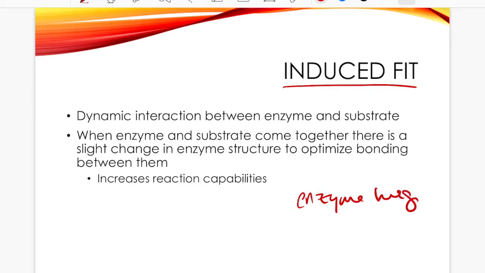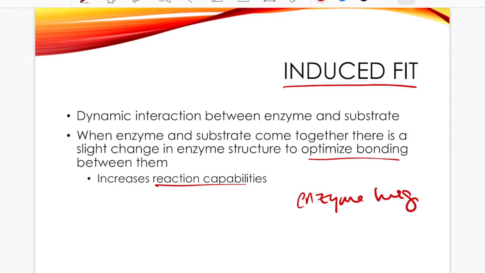So it is a dynamic interaction between the enzyme and the substrate. The enzyme is physically changing to hold that substrate in place so that there is optimal bonding between them, so that they can ensure that substrate will be able to go through the reaction it needs to. It increases reaction capabilities, so it's going to be able to happen faster.